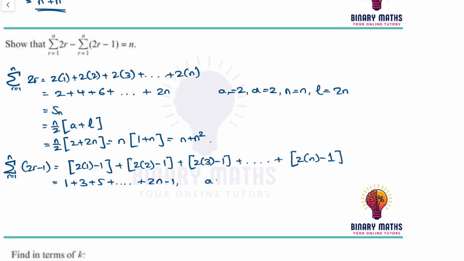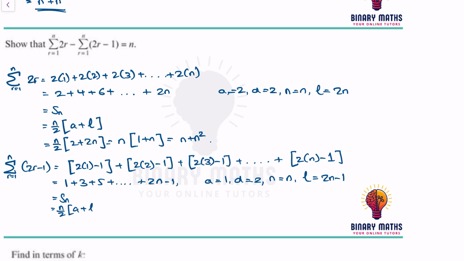Now we know it's an arithmetic series because it's increasing by the same amount. So a is equal to 1, d is equal to 2, n is equal to n, and L is equal to 2n minus 1.